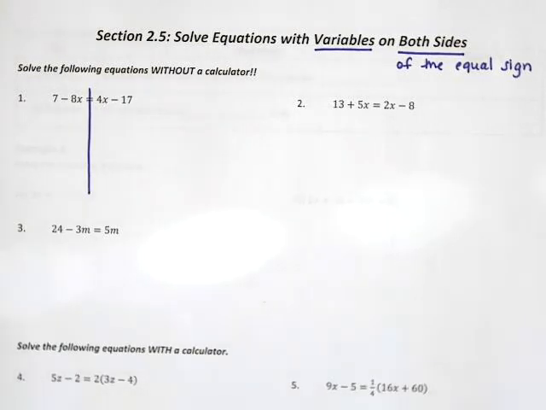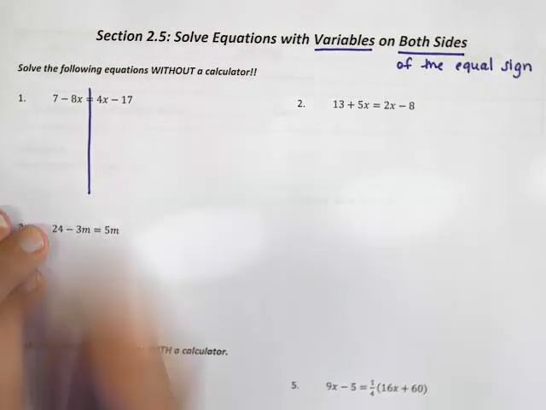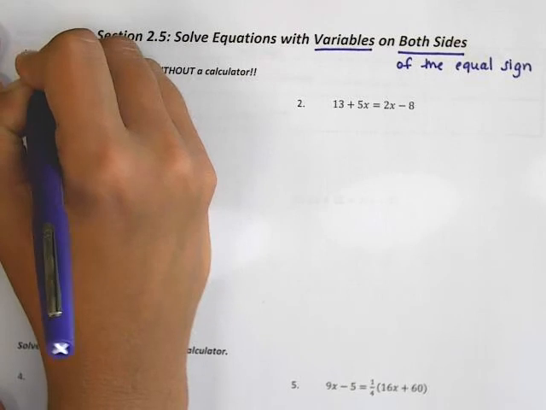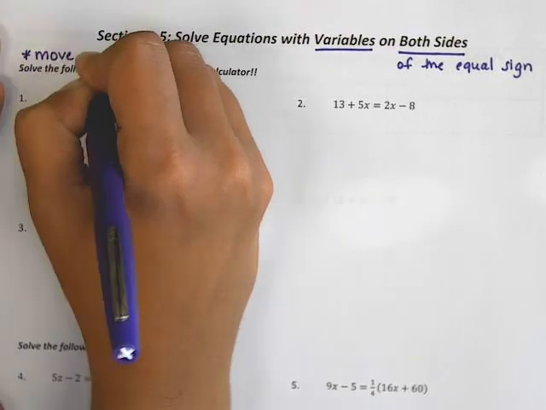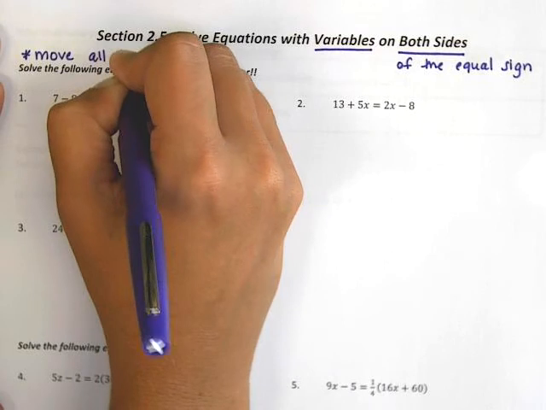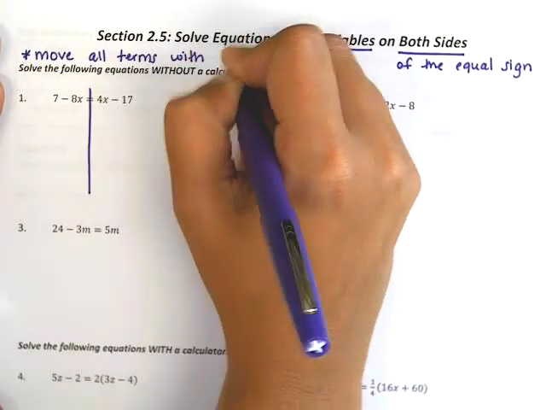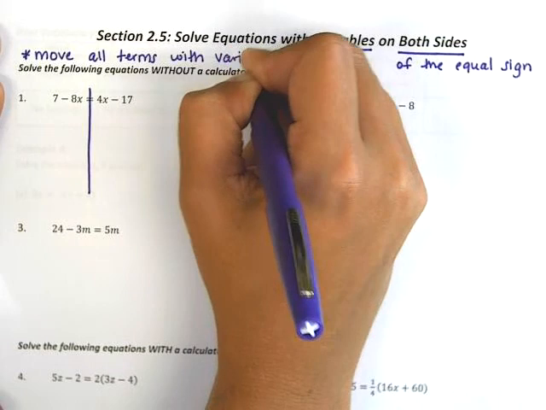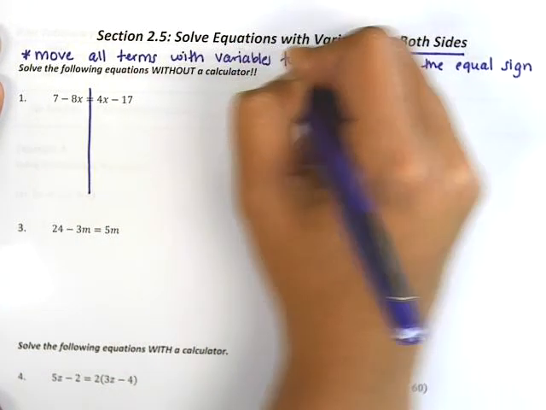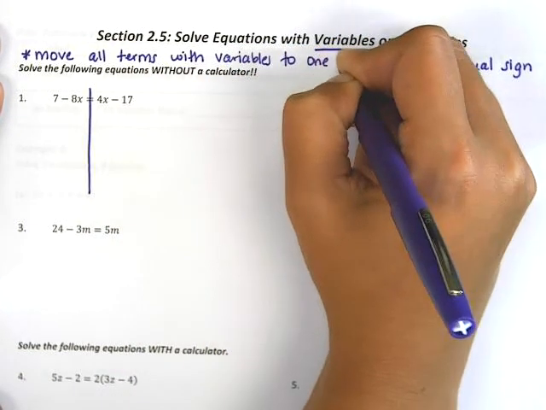What that means is that in order to solve this equation, we're going to need to get all of the terms that have x's together on one side. So the number one rule for today is going to be to move all terms with variables to one side.